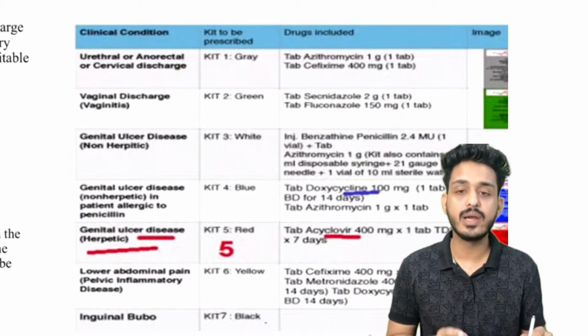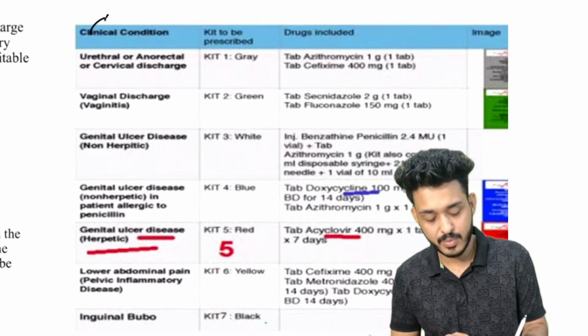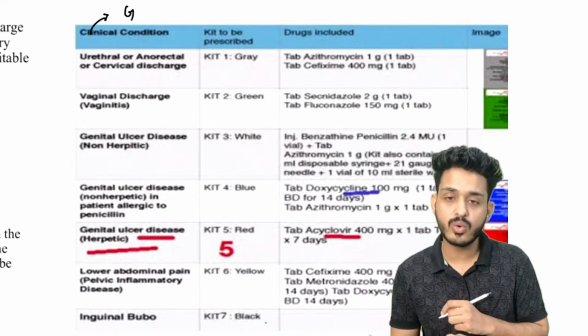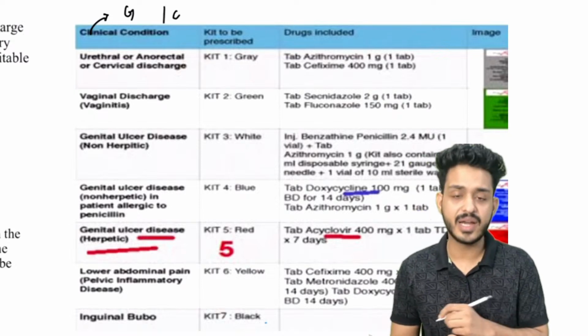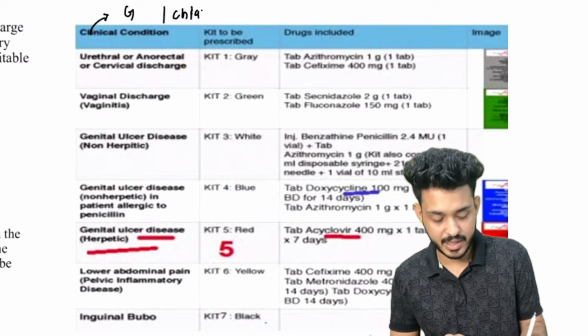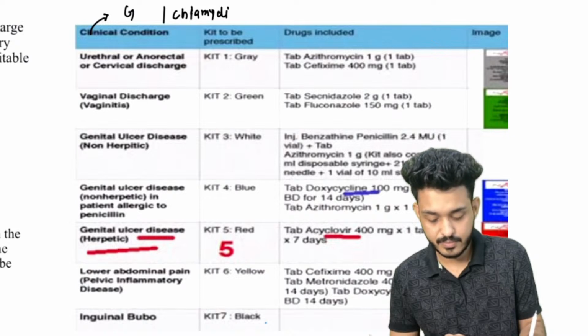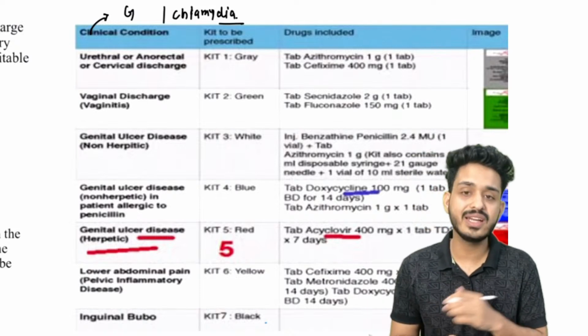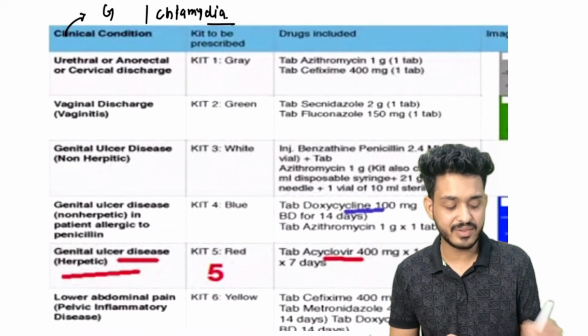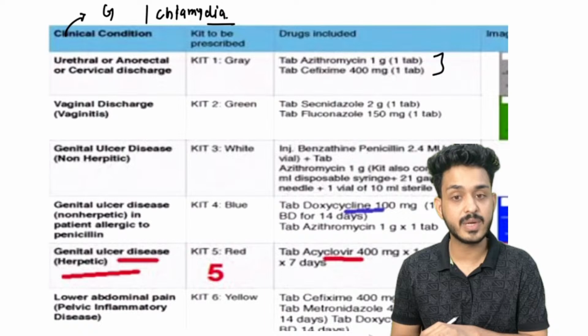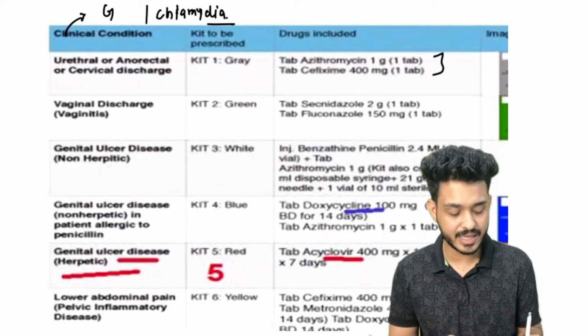There can be only 2 possibilities: it can be gonococcal urethritis due to gonococcus, or it can be due to chlamydia. For gonococci and chlamydia, the drugs of choice are azithromycin and cefixime. They take care of both.